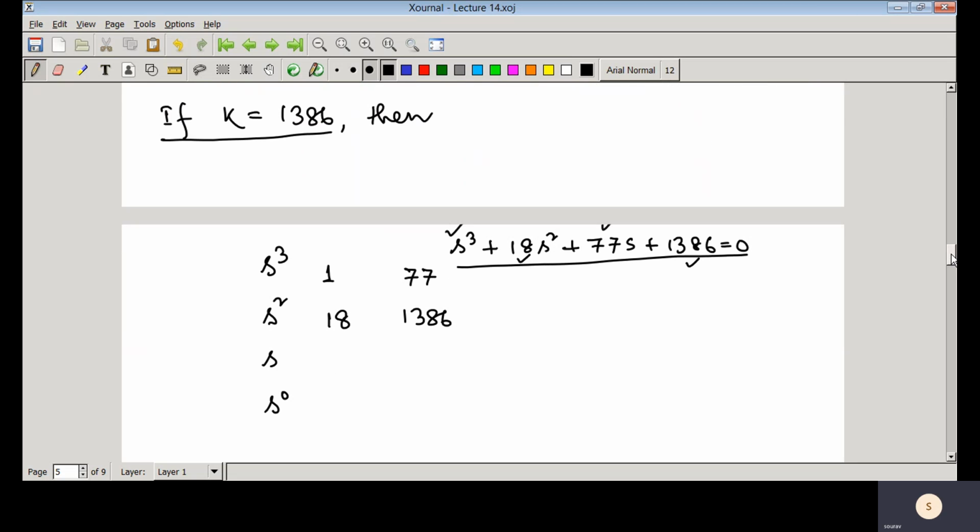So now you can see that whenever you multiply it with this one, it would be 1386 minus 1386 divided by 18. So that means it would be 0.